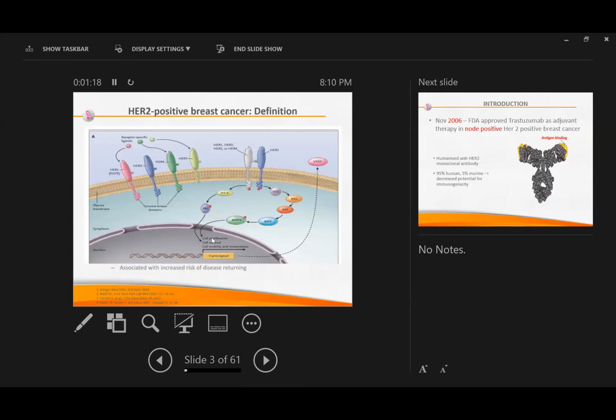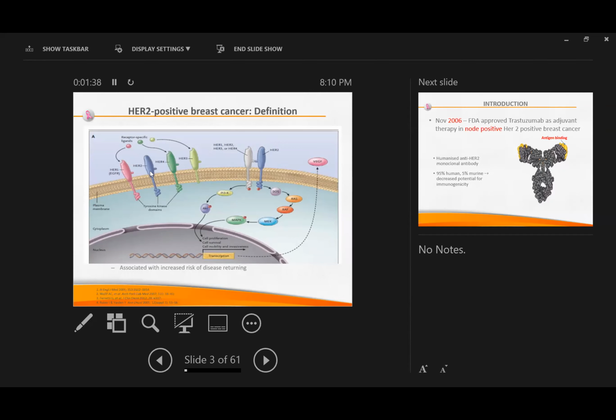Now, this is actually at the molecular level what HER2-positive breast cancer is all about. So this receptor, the EGFR family of receptors, there is HER1, HER2, HER3, and HER4. Now, the HER2 is peculiar because it doesn't have an extracellular ligand to bind to this receptor.